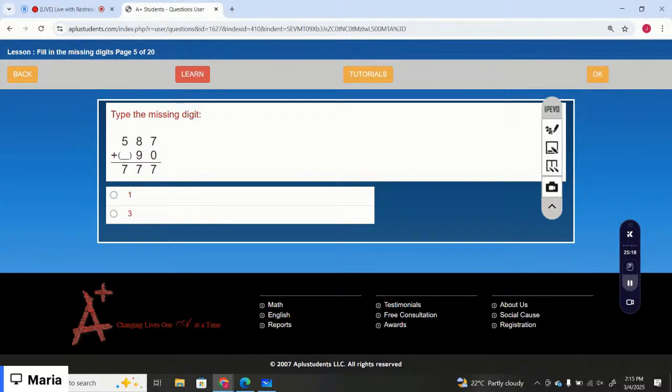So which digit is missing? Seven plus zero is 7. 8 plus 9 is 17. 7, carry 1, 5, 1, 6, and 1, 7. Very good. Option number 1 is the correct option.